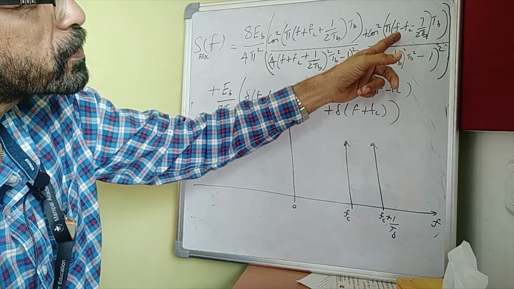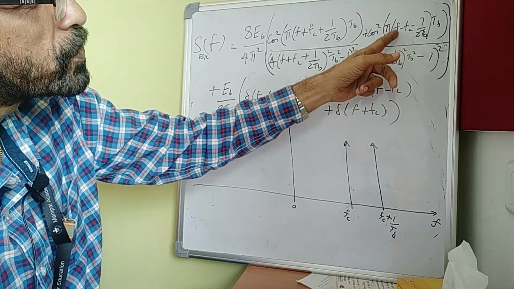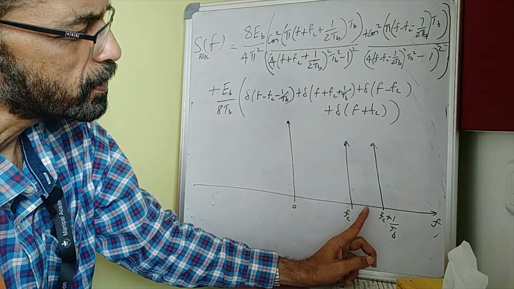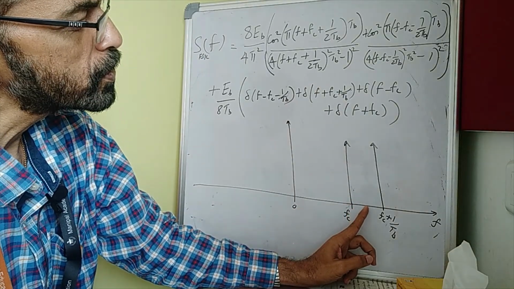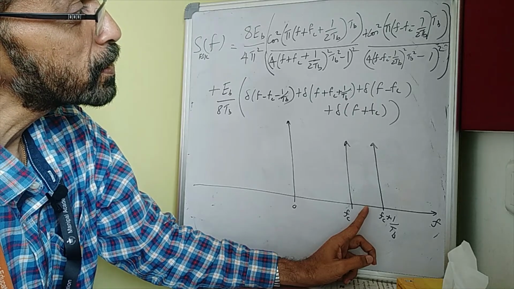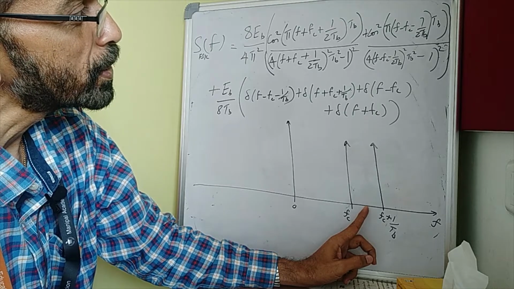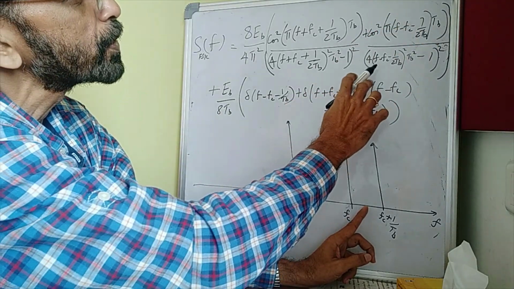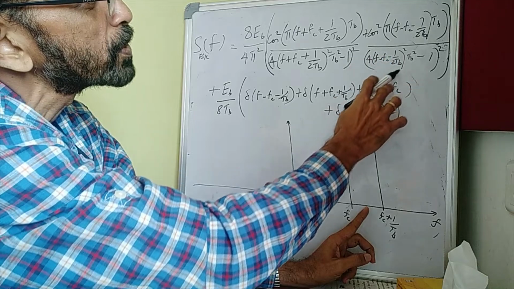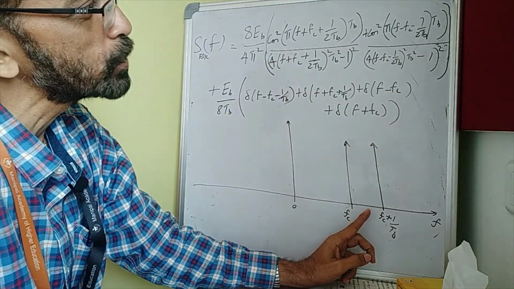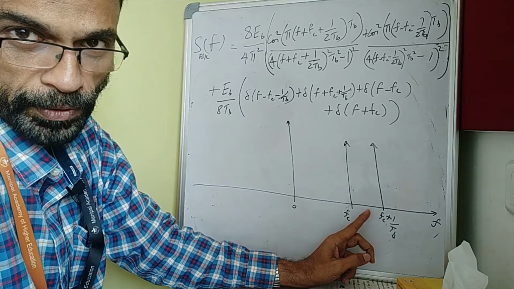Now if you see, when you put f is equal to Fc plus 1 by 2 TB, which is at the center here, you can see that the result of this is going to be 1. Put f as equal to Fc plus 1 by 2 TB, this whole term becomes 0. This is minus 1 square, anyhow it is 1. And cos square pi 0 into TB you will get, and that is nothing but 1.